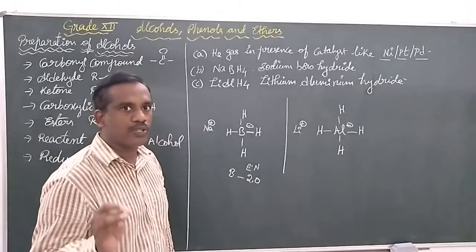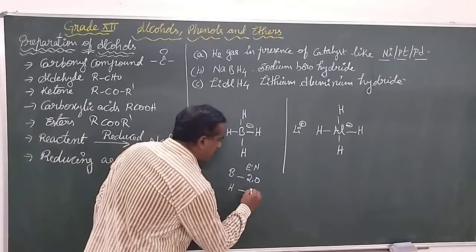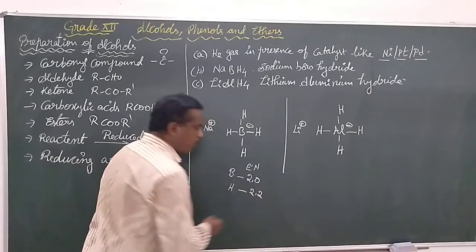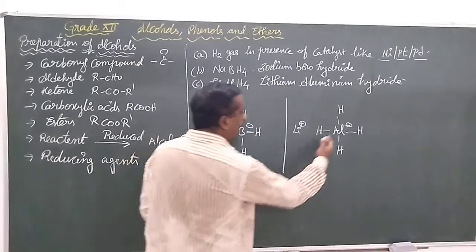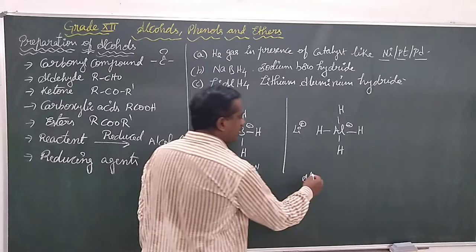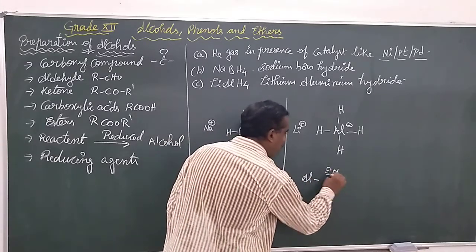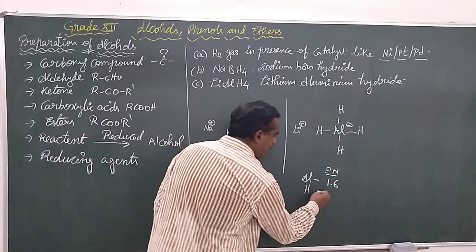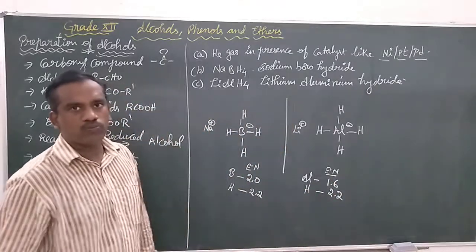Boron electronegativity is only 2.0. Hydrogen electronegativity is 2.2. Comparing the next compound, lithium aluminum hydride. In this case, the aluminum electronegativity is only 1.6 and the hydrogen electronegativity is as usually 2.2.